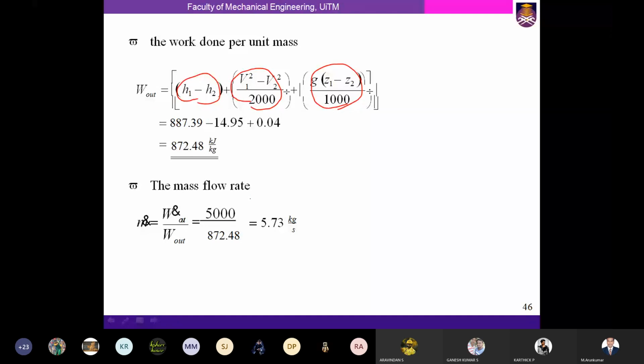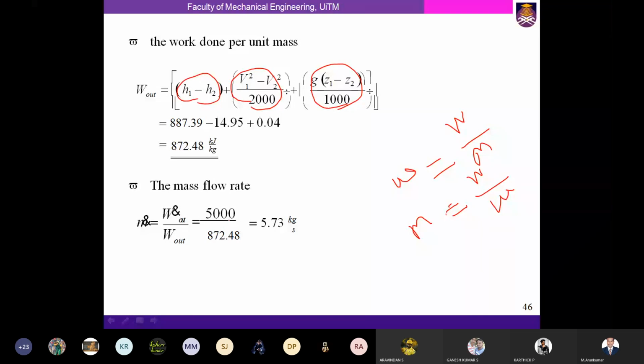Then we need to find the mass flow rate. The mass flow rate equation: small w is equal to capital W by m dot, so this can also be written as m dot is equal to capital W by small w.